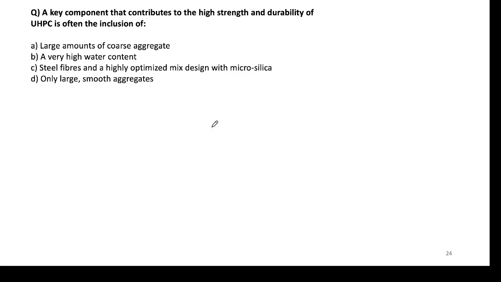For that, what is the requirement? The options are a larger amount of coarser aggregate, very high water content, steel fiber, or a highly optimized mix design with micro silica, and only large and smooth aggregate. Just to clarify, UHPC is characterized by having a strength of more than 130 MPa.